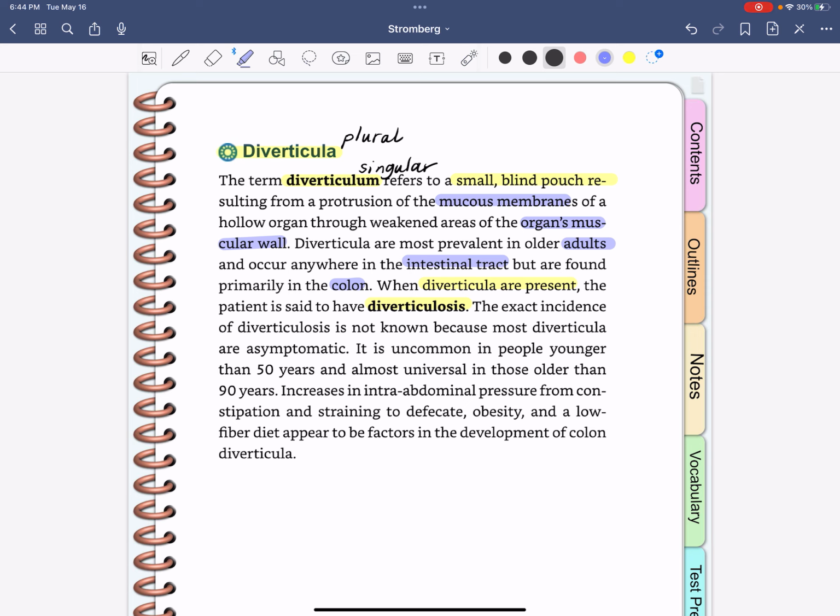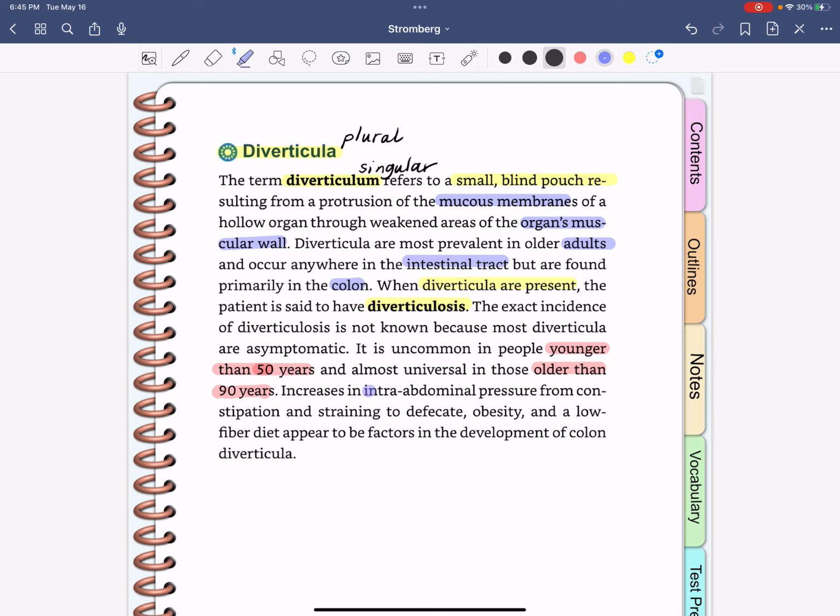Diverticula, we've already highlighted that one. I see some numbers. These are important. These are always bare bones. If you see numbers, highlight those. 50 years, we're looking at younger than 50 years, and then we're looking at older than 90 years. Those numbers are important.